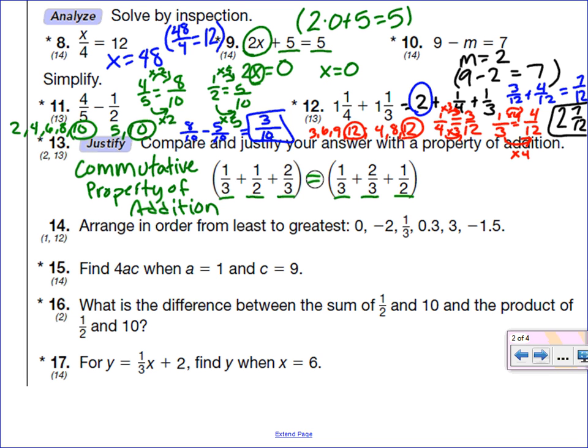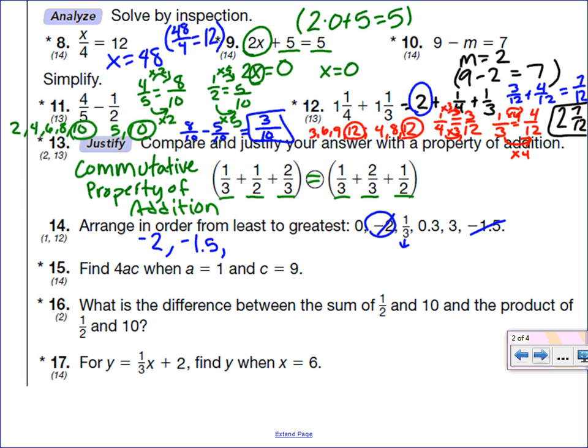Arrange in order from least to greatest. So the least will be the most negative number, which is -2. And then we have another negative number, -1.5. And then the smallest positive numbers, we have 1/3 and 0.3.